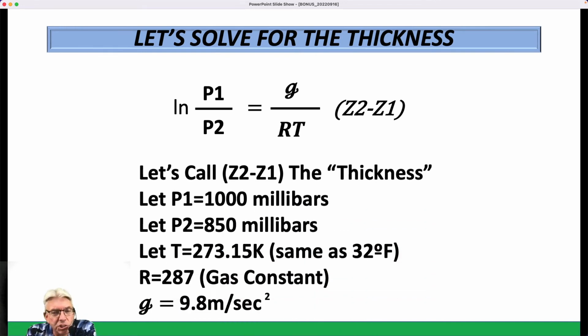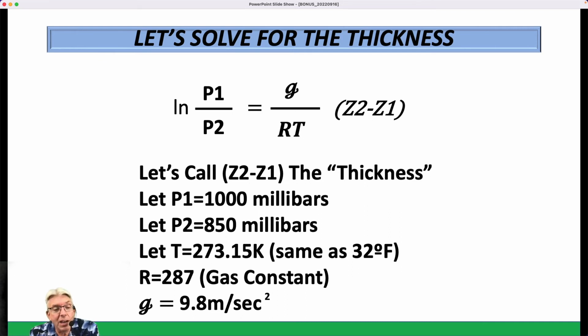So let's solve for the thickness. And we already have all the information we need here. We can figure out what the natural log of P1 over P2 is using your favorite calculator. We can let P1 be 1,000 millibars, P2 850. We're going to let the temperature be 273.15 Kelvin, and that's the scientific unit. It's equal to 32 degrees Fahrenheit. Why are we doing that?